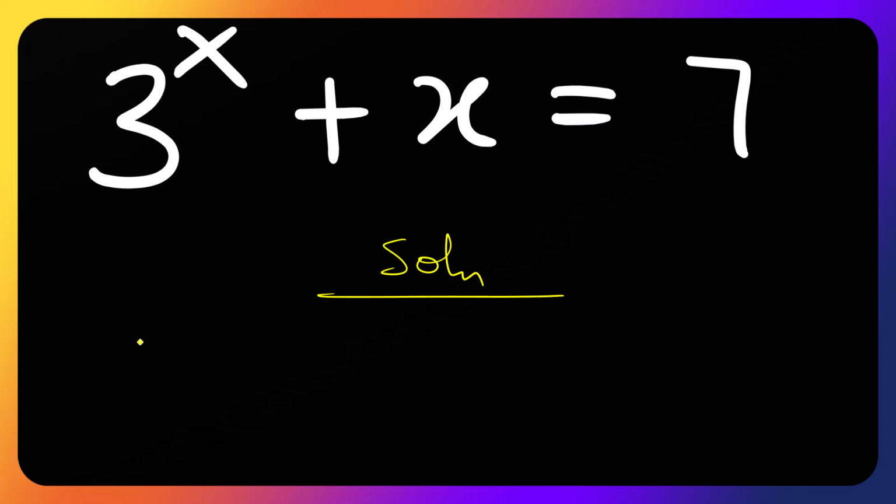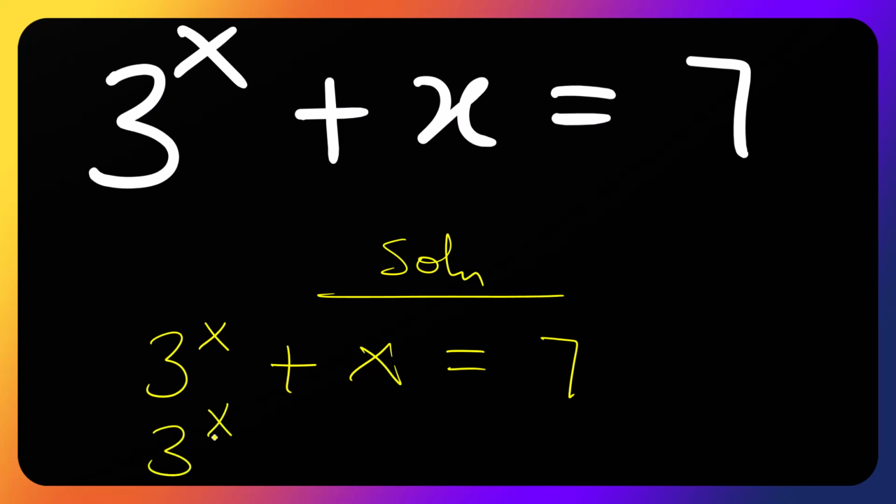So we are given 3 to the power x plus x equals 7. Let's send this x here to the other side. So that will be 3 to the power x equals 7 minus x. Now let's get rid of this one here.